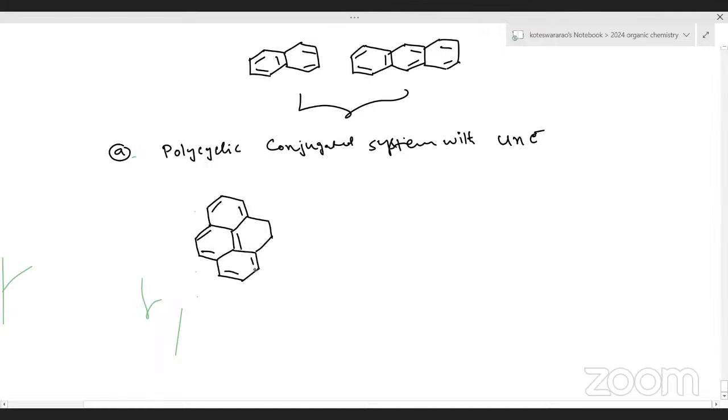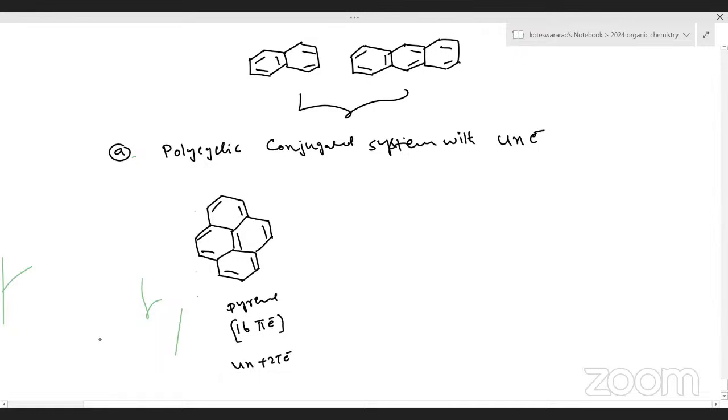This is the pyrene. How many electrons are there in it? It is having 16 pi electrons: 4, 8, 12, 16.